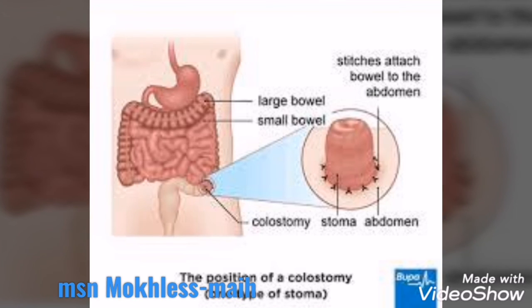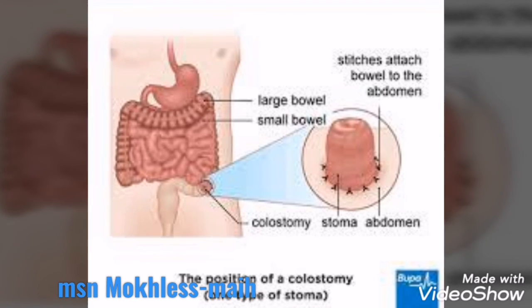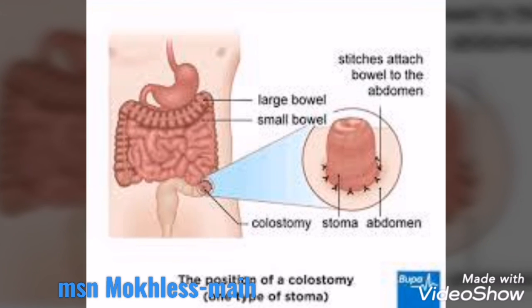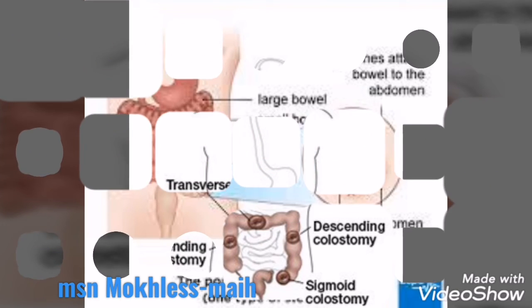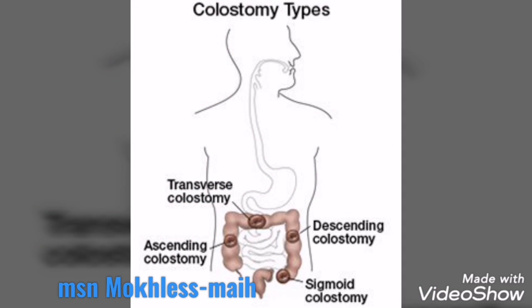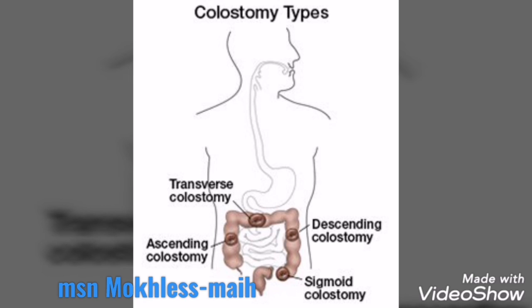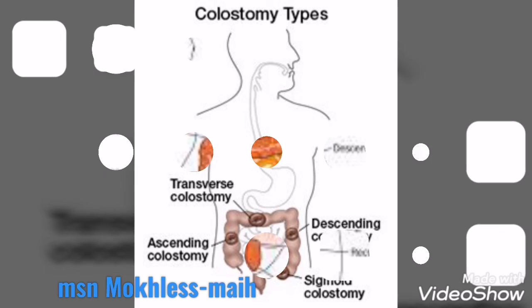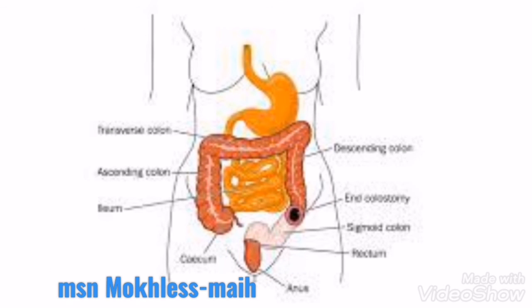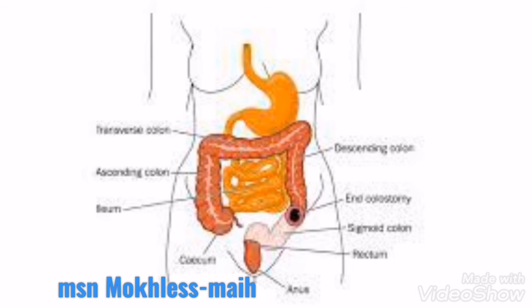This is an ostomy, in the abdomen. If any part of the colon or ileum is brought out, it is called an ostomy. Types of colostomy.